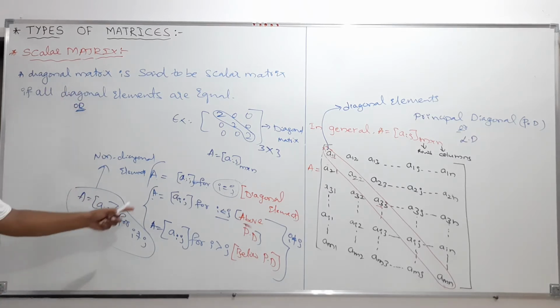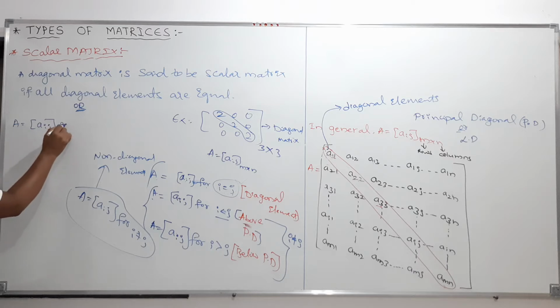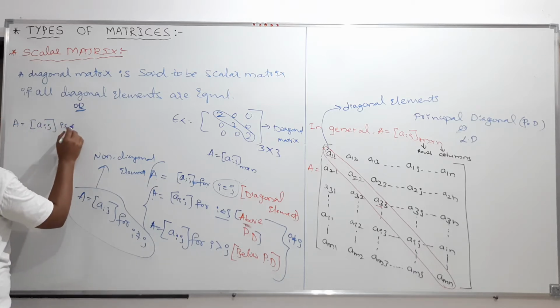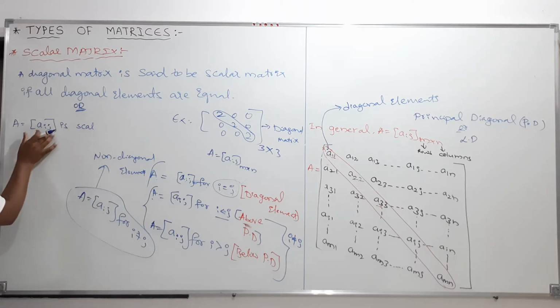Or mathematically, we can write another definition, that is A equals Aij, a square matrix.